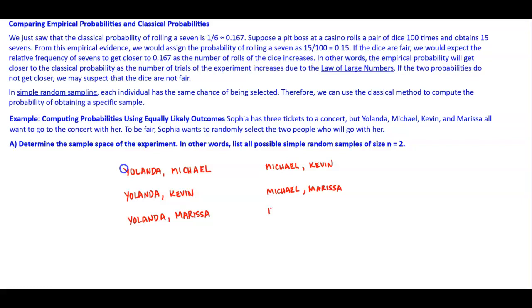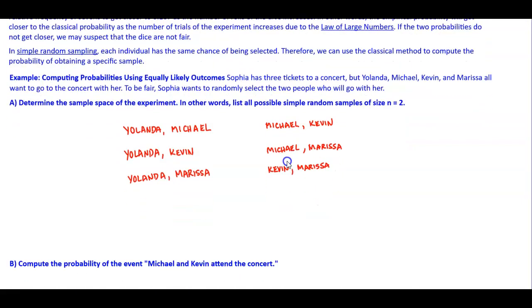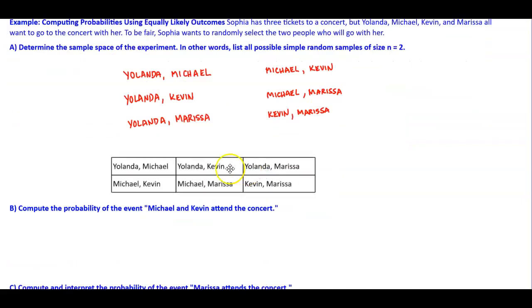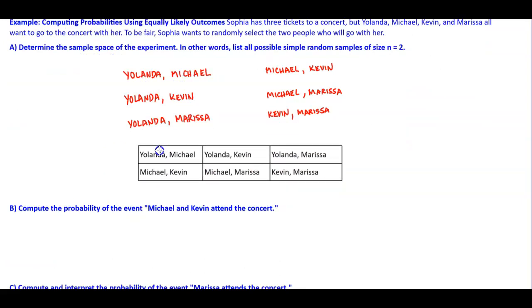And then Kevin and Marissa. Okay, so what this tells us is the following. This gives us the following table here. So we have Yolanda, Michael, Yolanda, Kevin, Yolanda, Marissa, Michael, Kevin, Michael, Marissa, and then Kevin, Marissa.